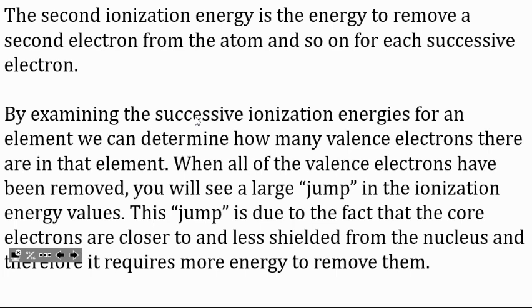So you've got more protons pulling on fewer electrons when you're trying to pull the second electron off. You've pulled one off, now you're trying to pull another one off. It's harder because your effective nuclear charge is higher. You've got more protons versus electrons. That makes sense?